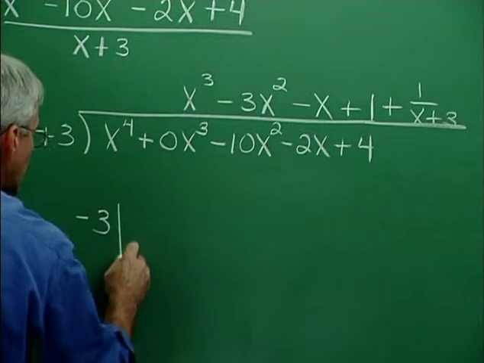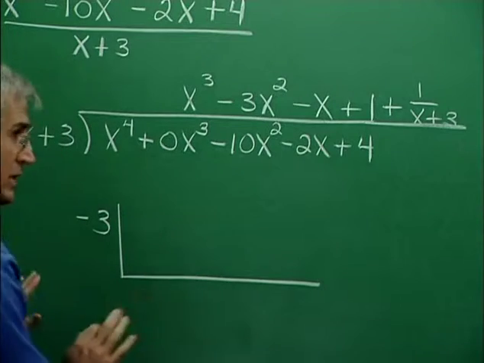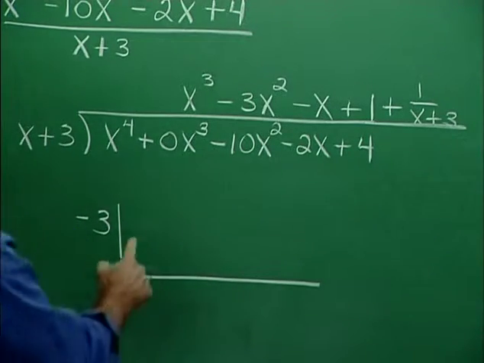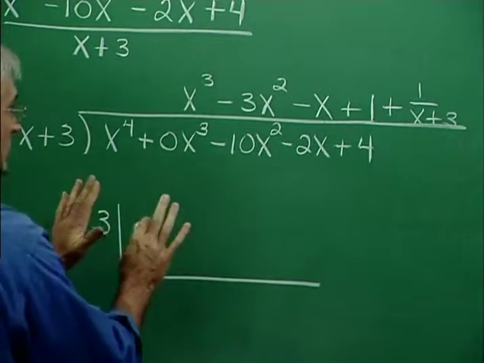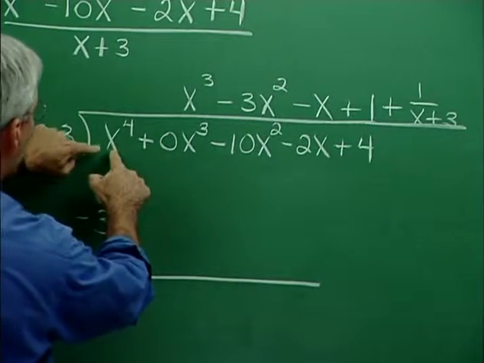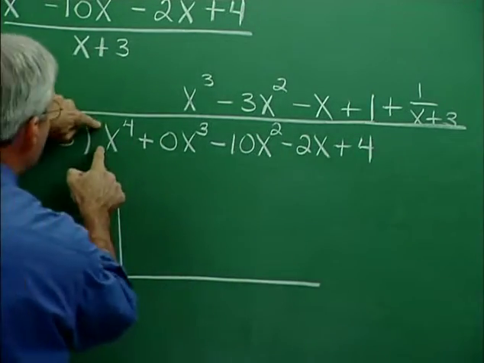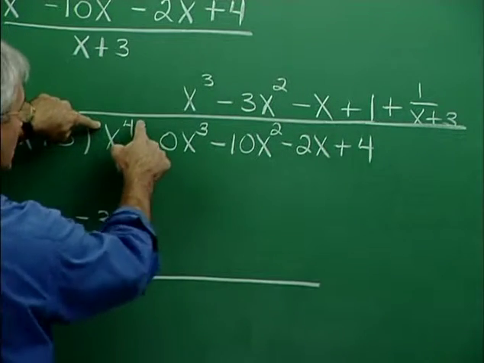Now I'm going to set up the situation like this. No division symbol exactly. It's just a notation that we use for this purpose. I'm going to write in this row the coefficients and the constant for the polynomial that we're dividing into. I'm just going to use a 1 here. I'm going to ignore the x to the 4th.